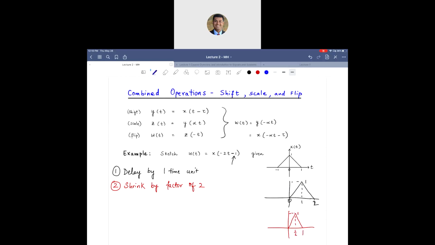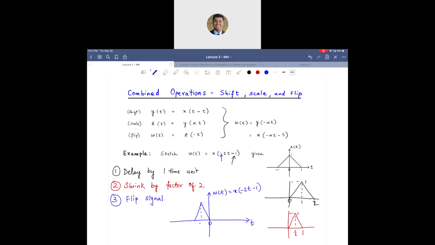The third step is going to be what? Is going to be to flip it. Do I need to flip it? Yes, there is a minus sign there. About the y-axis. So sketch, sketch, flip. This is actually our answer here. This is going to be w of t, which is x of minus 2 t minus 1. This is 0.